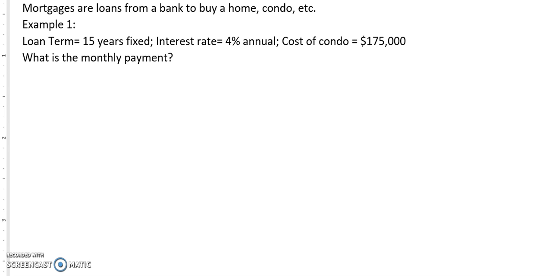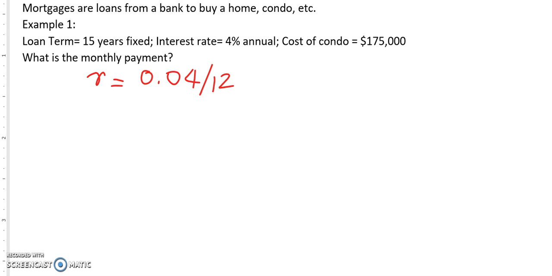The interest rate is 4%, and this is annual. First of all, we can say that R, the interest rate, is 4% annual, which is 0.04, because we're converting 4% to decimal, divided by 12. Why are we doing this? The 0.04 divided by 12 gives the monthly interest rate. 0.04 is the annual rate, whereas the monthly interest rate is divided by 12.